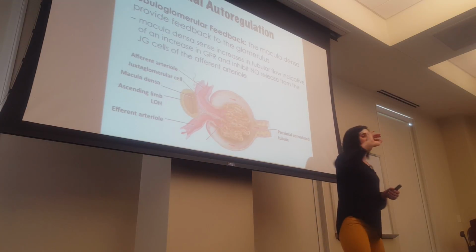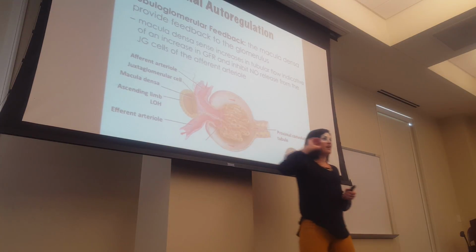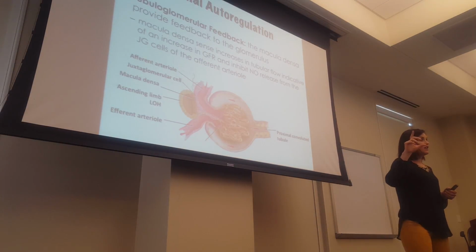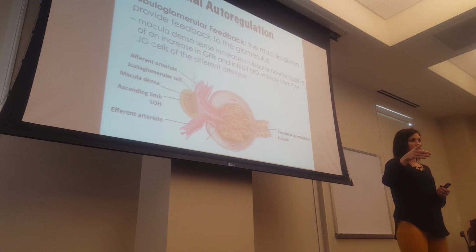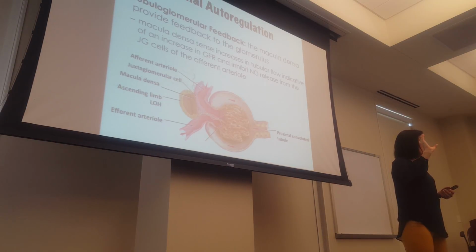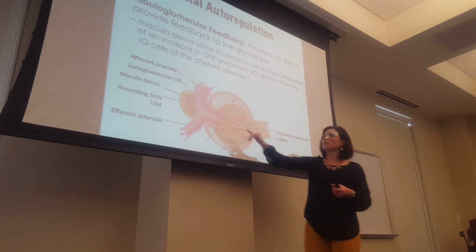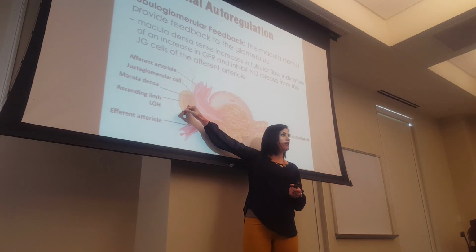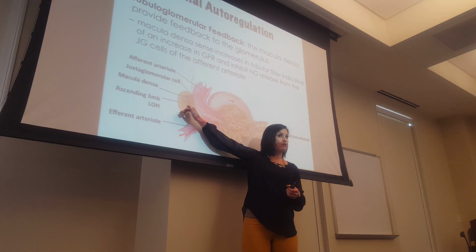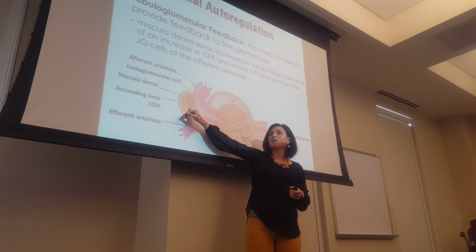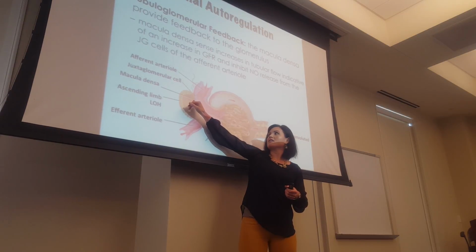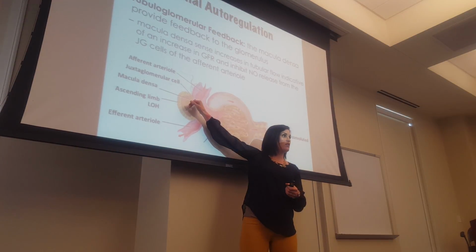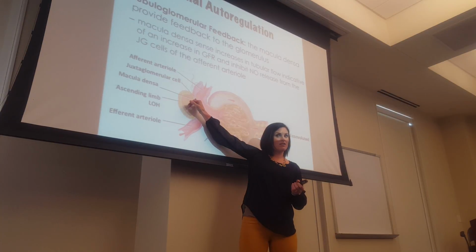All right, so what the juxtaglomerular cells do is they release nitric oxide. Nitric oxide, anybody know what action nitric oxide has on vessels? Yeah, it's a vasodilator. Dilator. Yeah, it makes them bigger. So if you have too much sodium flowing past the macula densa in the loop of Henle, the macula densa will trigger the juxtaglomerular cells to stop nitric oxide release.